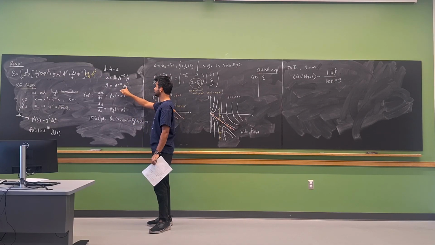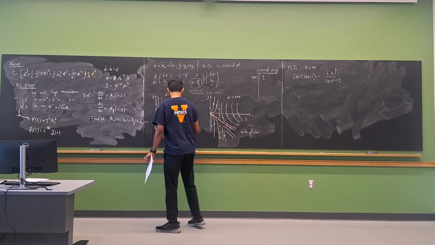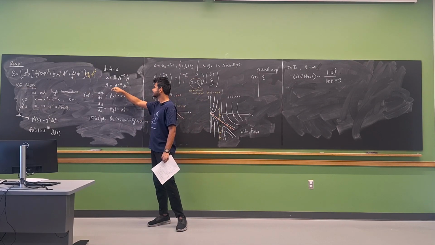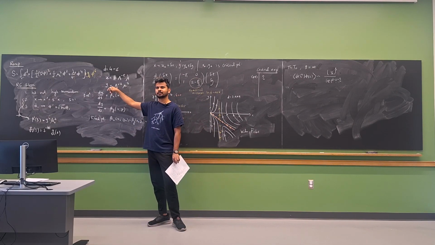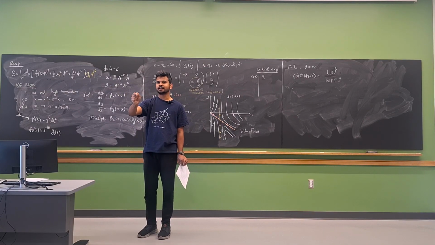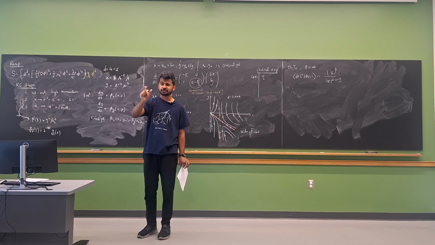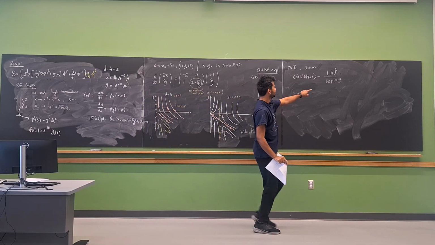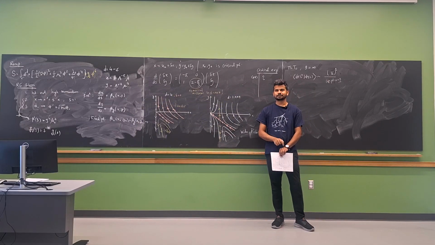So mu here is non-zero, but the scale is determined by the cutoff only. If you move away from the critical point, then the scale is determined by the temperature. So just like here, only the cutoff is the length scale.